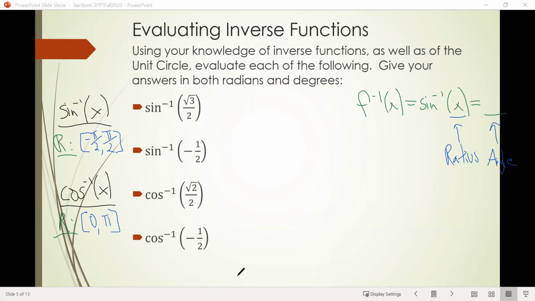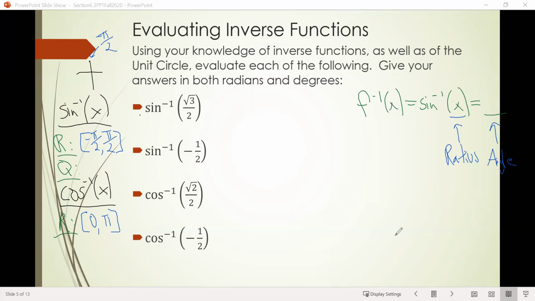So for the range for inverse sine, we have negative pi over 2 to pi over 2. If you think about the unit circle, draw that up here, a coordinate axis, we know that positive pi over 2 is here on the top part of the vertical axis.